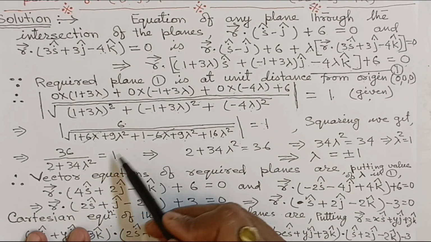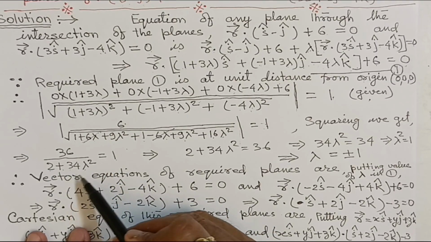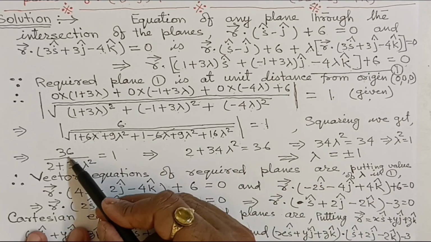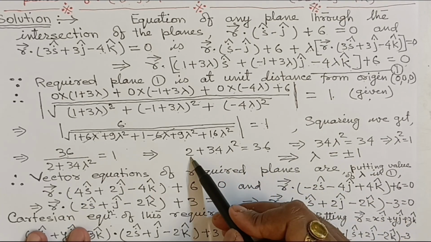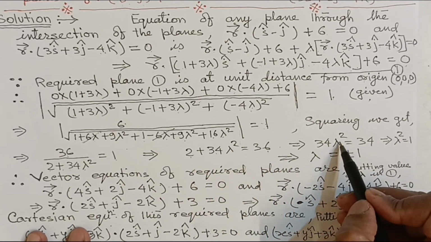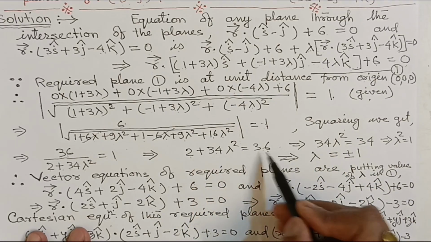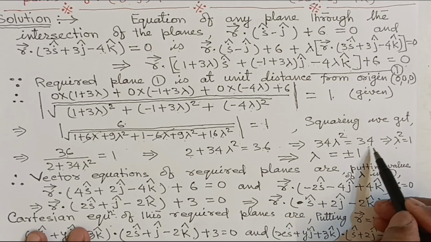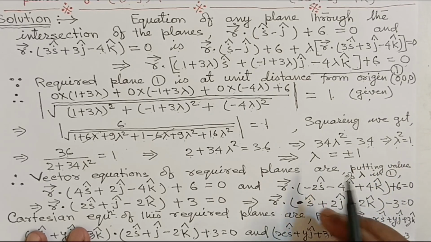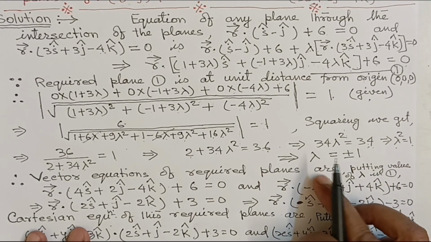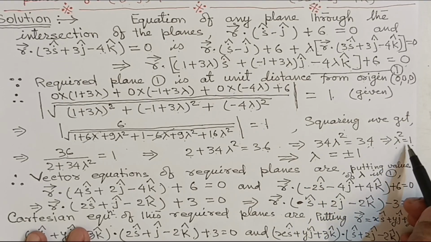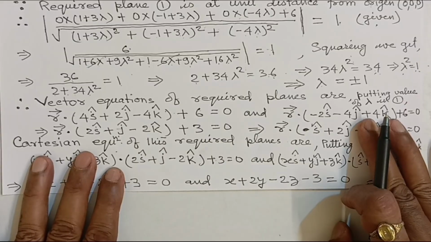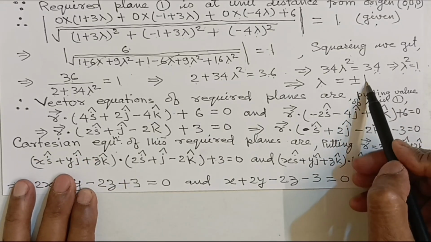By cross multiplication, 1 into (2 plus 34 lambda square) is equal to 36. Take 2 to the right side: 34 lambda square is equal to 36 minus 2, 34. Lambda square is equal to 34 divided by 34, that is 1. Therefore lambda is equal to the square root of 1, that is plus minus 1.